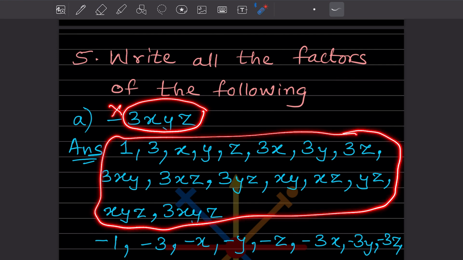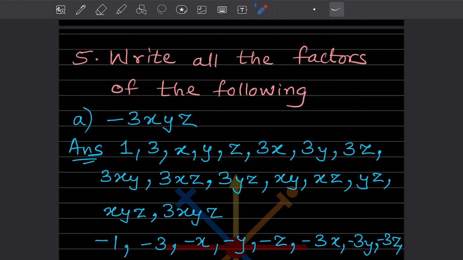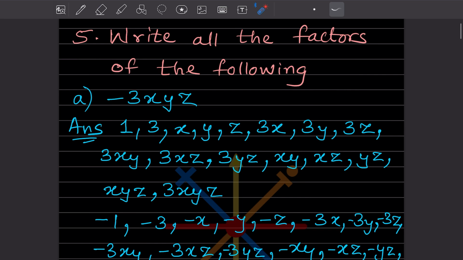And now what are we going to do? Definitely that minus we have to consider for the factors, but we had to keep it at the side for the time being, because otherwise while writing the factors there will be some confusion. Now what are we going to do? Since we have written these factors, now we are going to take minus. So we'll take all these things and just keep on putting minus here. Can you see here?